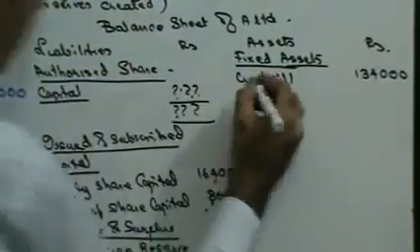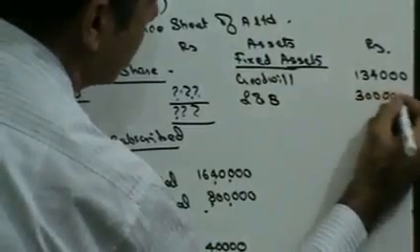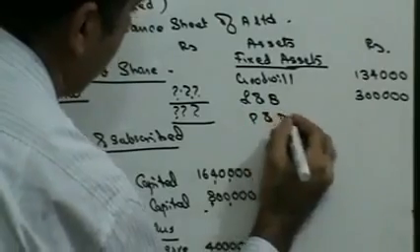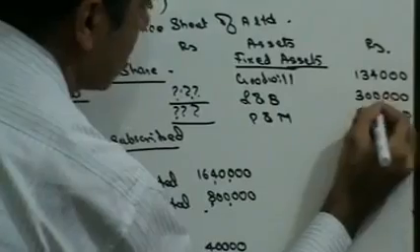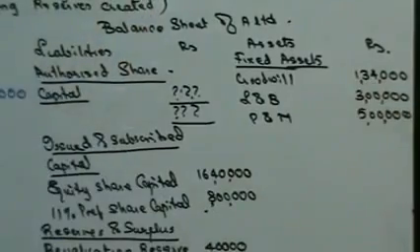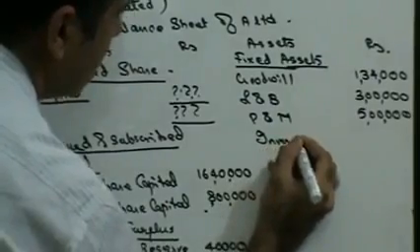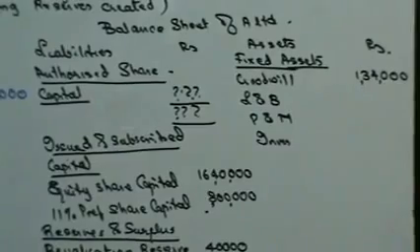Then you have land and building. Land and building is 3 lakhs that I've taken over.